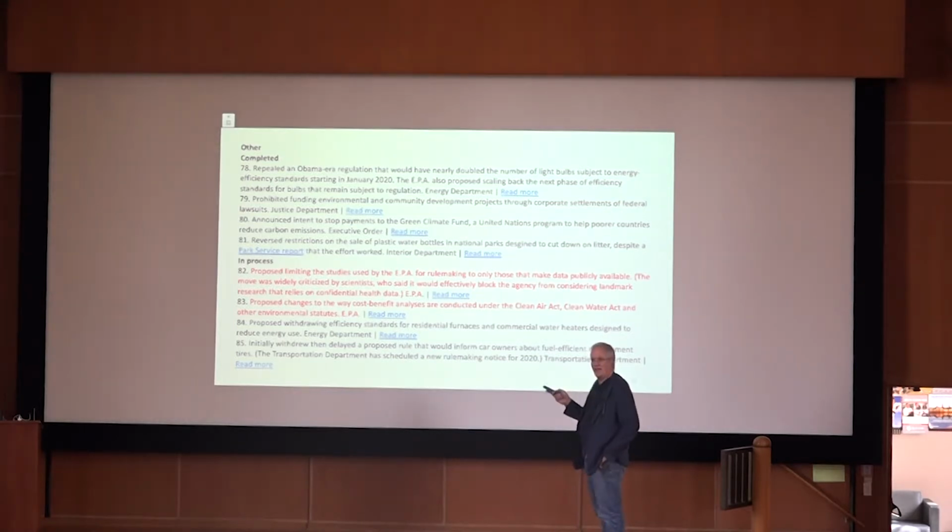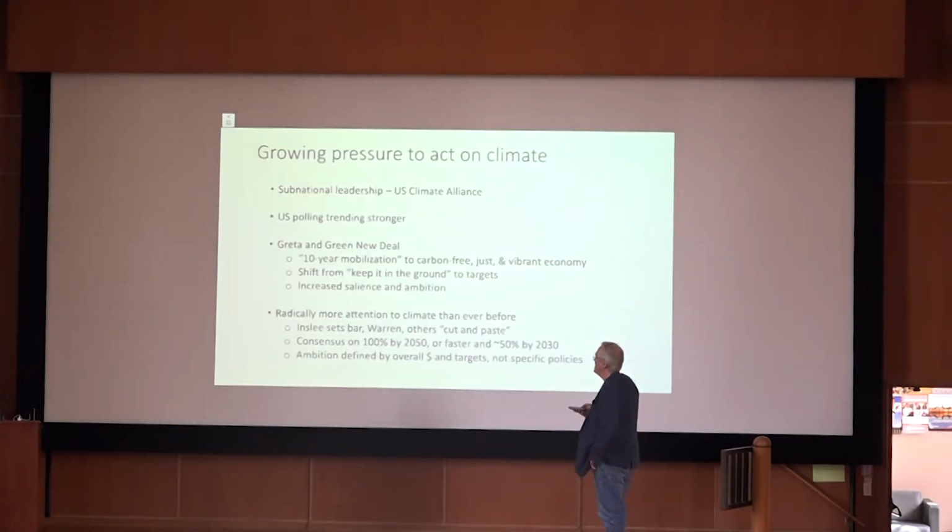So although they look like just arcane stuff, they're actually extremely well targeted to get at the maximum possible rollback of regulations that have limited the impact of the nexus problems.